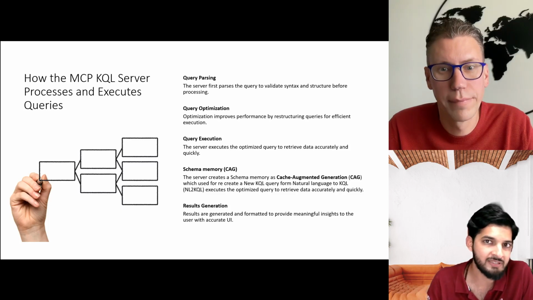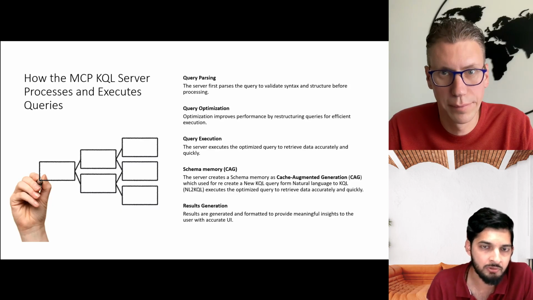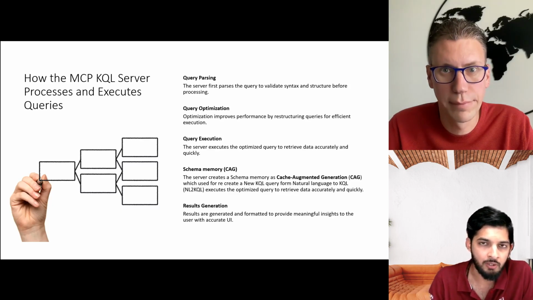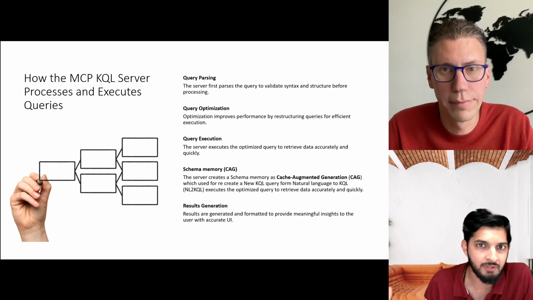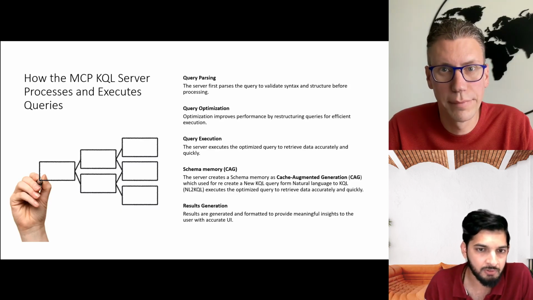So schema memory is the main key feature of these MCP tools, where it will generate more context around your Kusto query, around your schema memory, like the schema of the table, and the results generated from the Kusto queries.